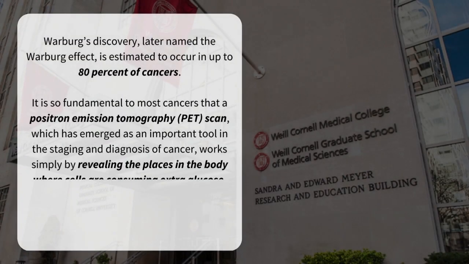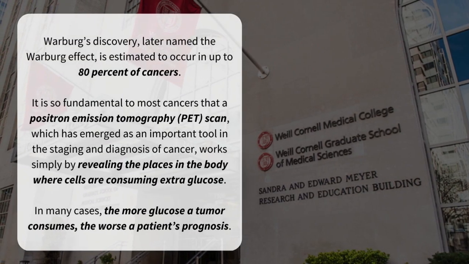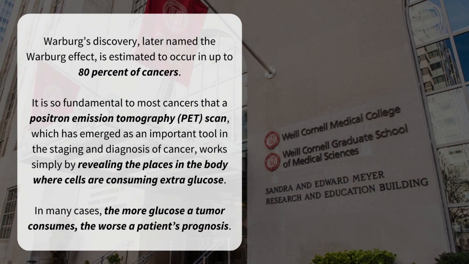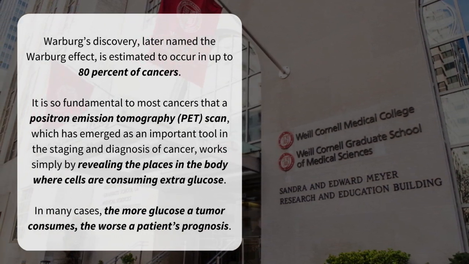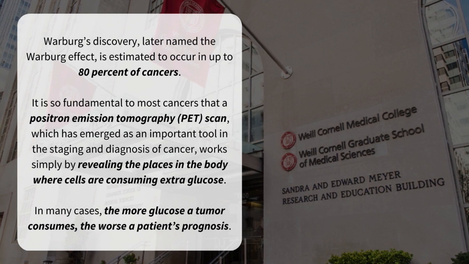According to an article posted on the Meyer Cancer Center's website at Cornell Medical College, Warburg's discovery, later, as we've learned, named the Warburg effect, is estimated to occur in up to 80% of cancers.